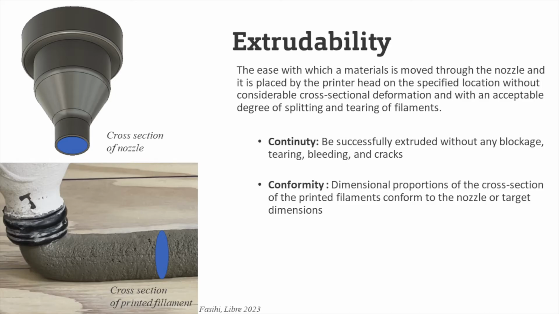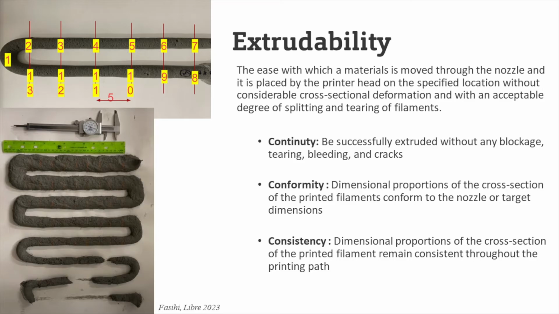Filament conformity shows how much the deposited filament conforms to the nozzle outlet or the target filament size that was designed previously. Consistency, on the other hand, reflects how the printed filament remained consistent along the filament length. In other words, it shows the variation of the deposited filament. Less variation shows a better extrudability.